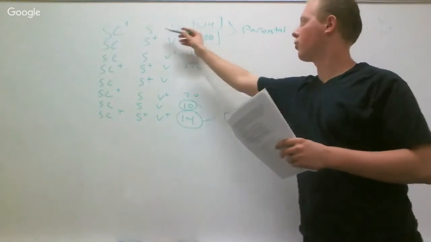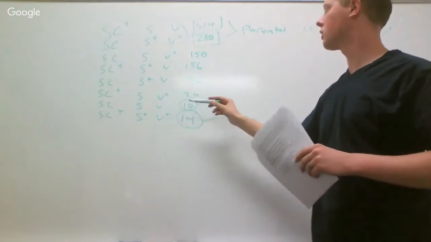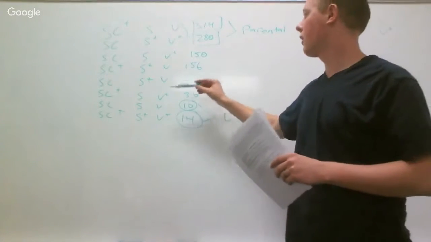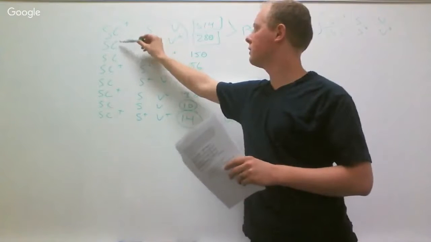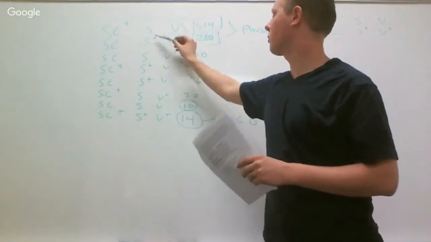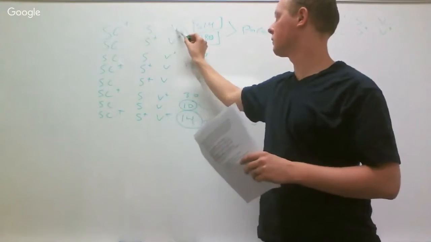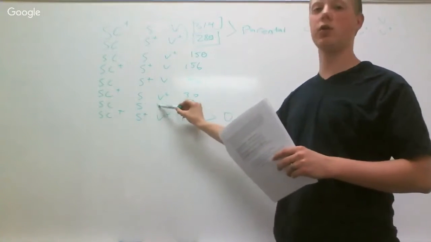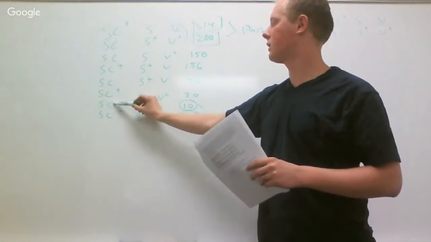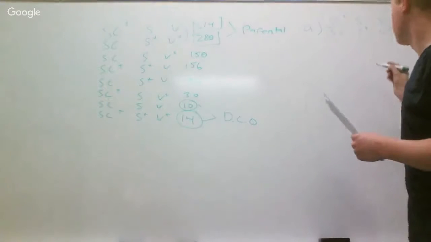So by looking at the parental genes and the double crossover genes, we can see that the SC gene is the one that flip-flops places. So up here we have SC wild type, then S, V. Down here, our S and V are in the proper order, but the SC wild type flip-flops down here. So we'll place that as the middle gene.